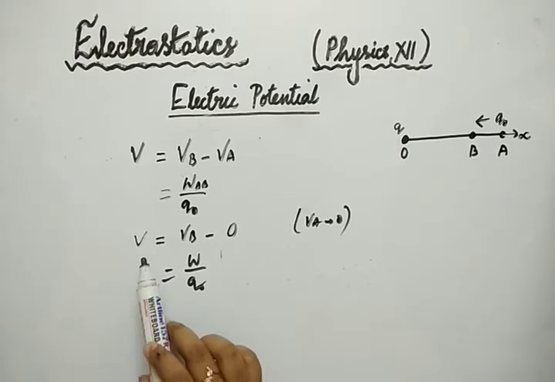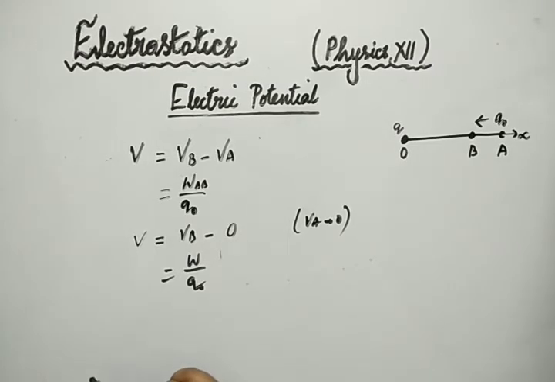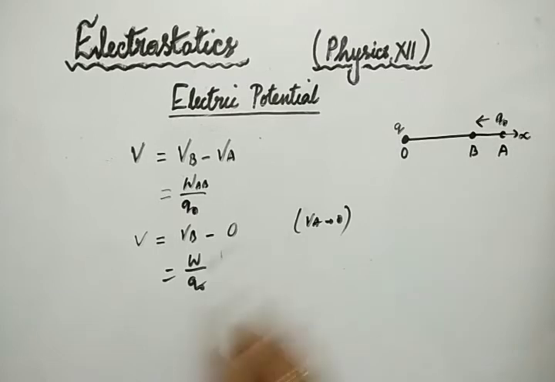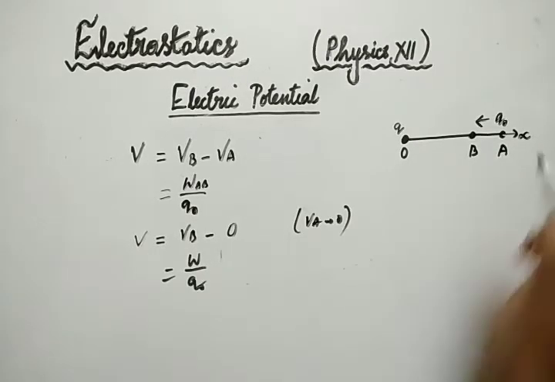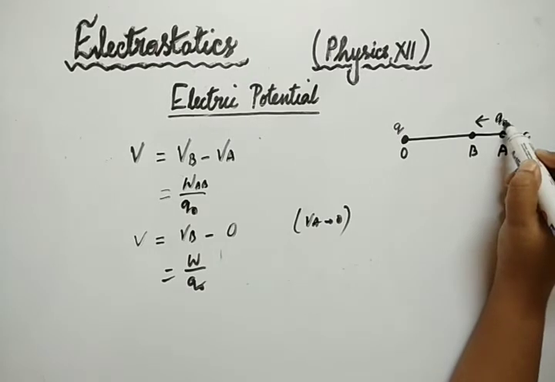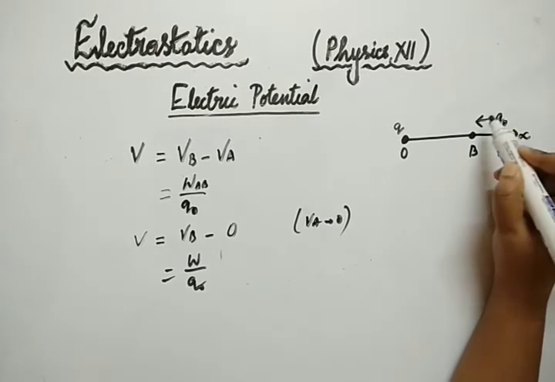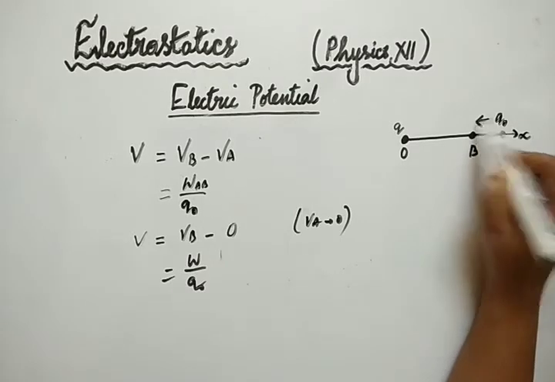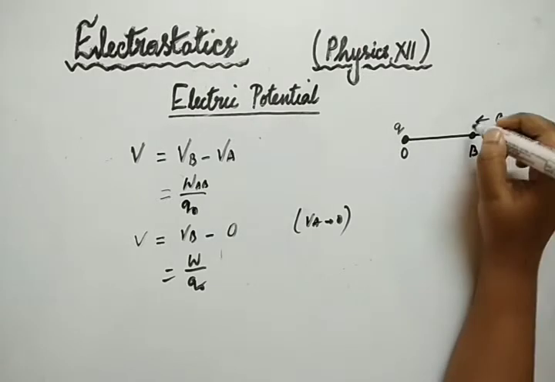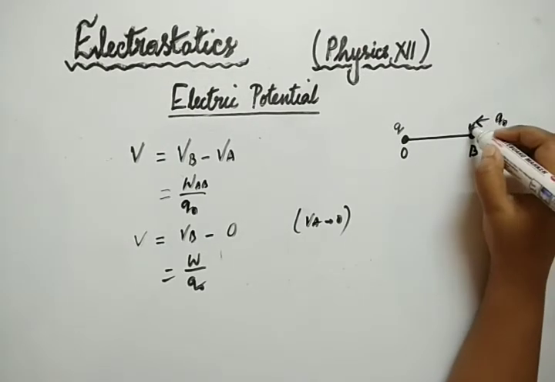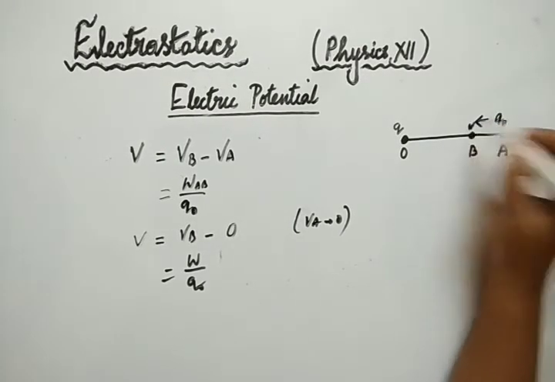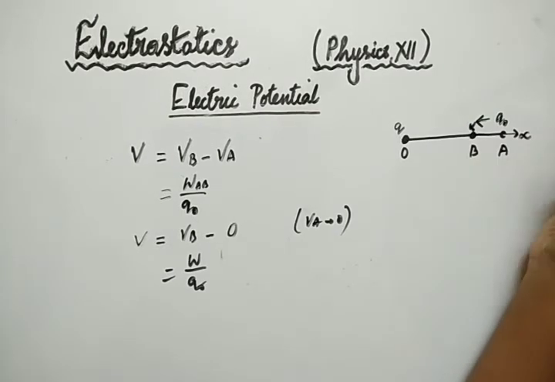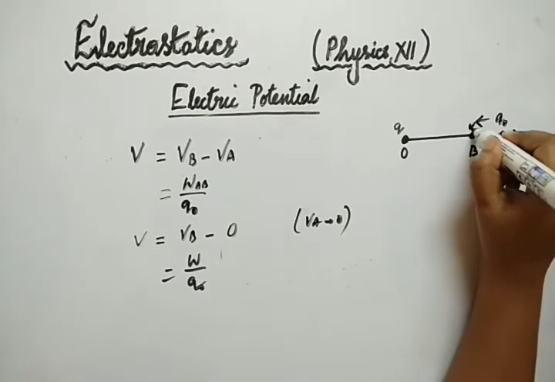You can define electric potential as the amount of work done in bringing a unit positive charge from infinity to a particular point. If you are concerned about finding the electric potential of this point, it is the amount of work done in bringing a unit positive charge from infinity to this point.